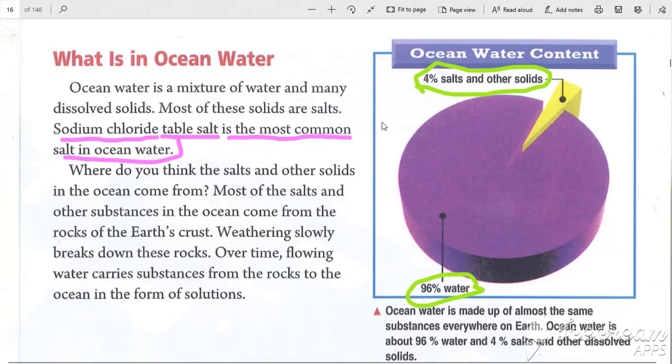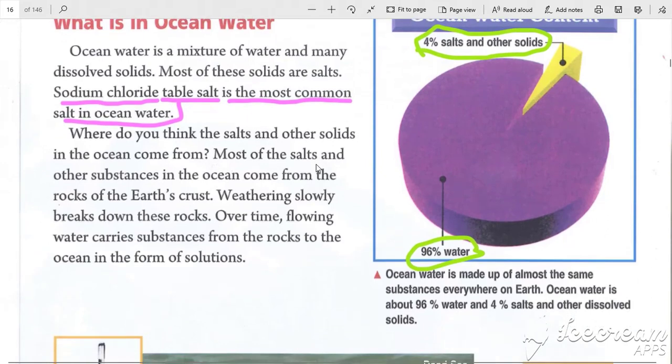So what is the most common salt in ocean water? The most common salt in ocean water is sodium chloride. Don't forget, please keep it in your mind. Sodium chloride, which is known as table salt, is the most common salt in ocean water.